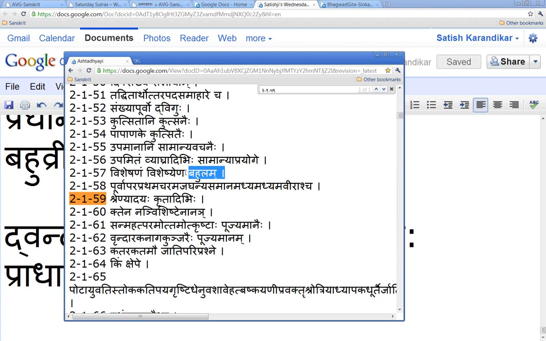So what is visheshanam? The bahulam is like an adverb here. Visheshanam is the prathama nirdishtam in the samasa.